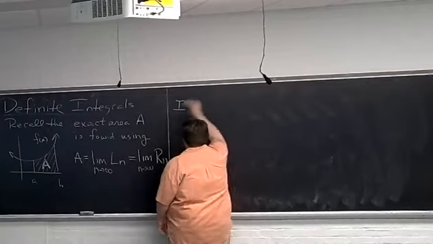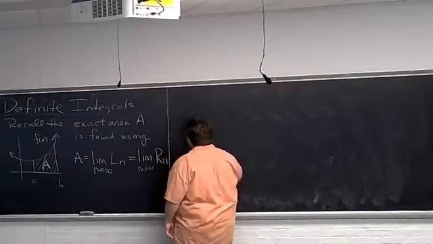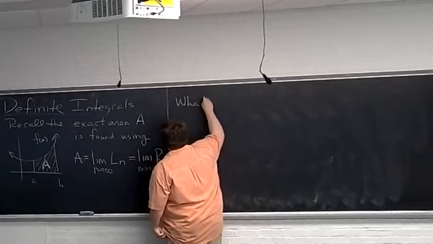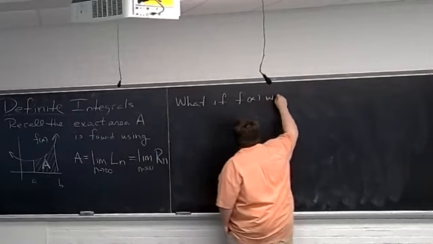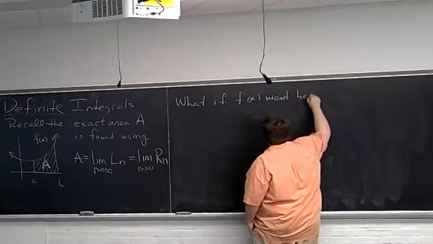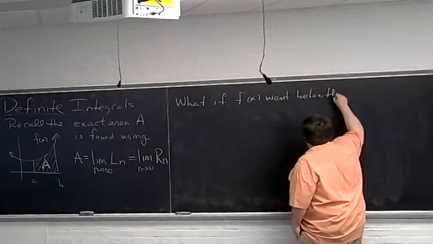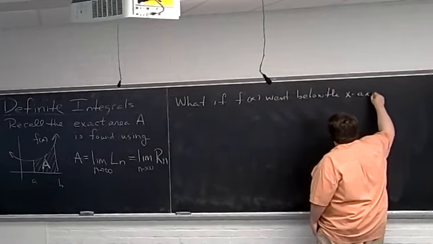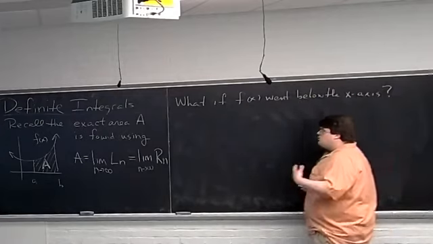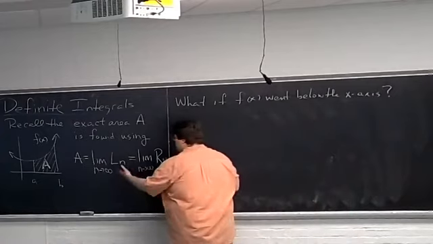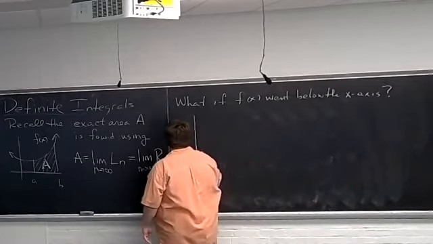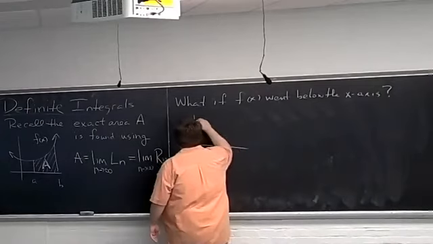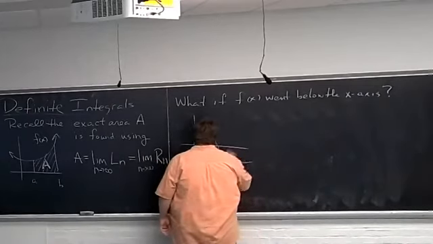Let's say it like this. What if f of x went below the x axis? What would that look like, and what would this approximation do when we made it exact by taking the limit? Meaning, what if we had, I don't know, something like this.